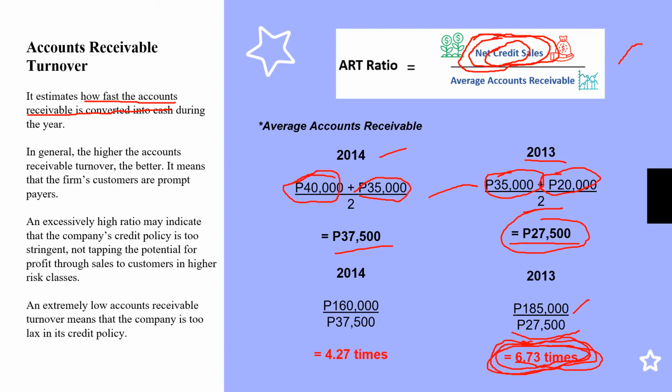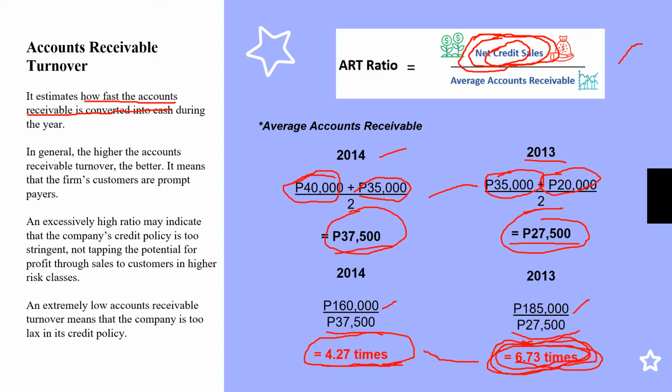Next, for 2014 naman, so we have the given 160,000 na net credit sales divided by the average accounts receivable kanina, which is 37,500. So, we have here 4.27 times. So, 4.27 times na nako-convert siya into cash. So, if you're going to compare 2013 and 2014, so bumaba yung ating 2014.